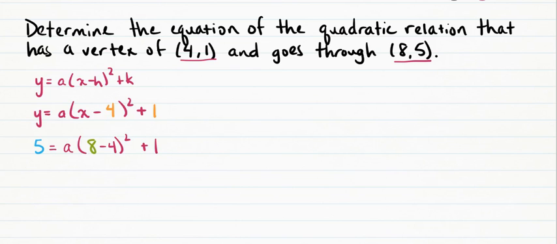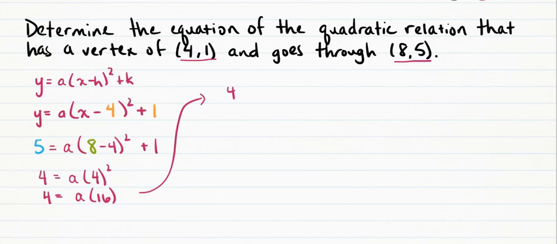Now, solving for a, we first subtract 1 from both sides. So we get 4 equals a times 8 minus 4, which is also 4, so 4 squared. 4 squared is 16. Dividing both sides by 16, that gives us 4 over 16 is a, or a is equal to 1/4.